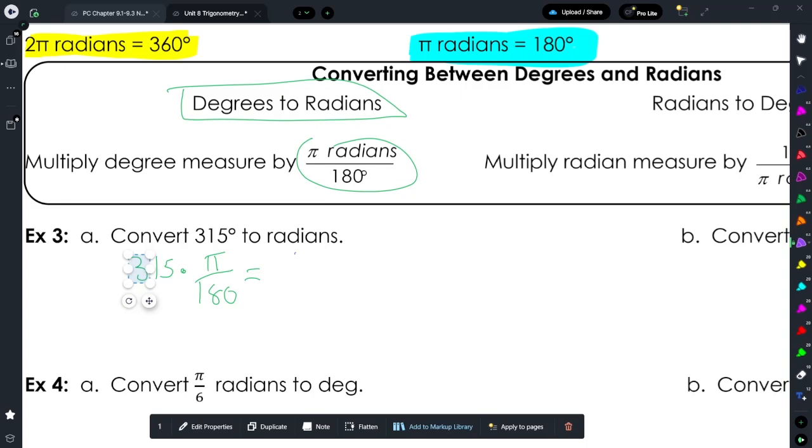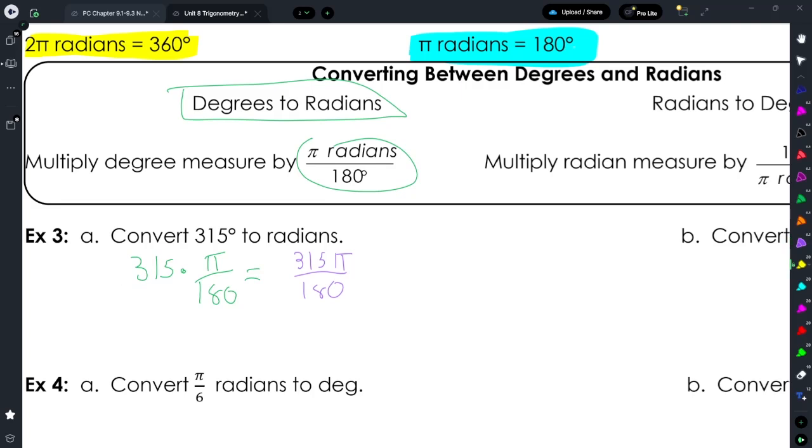So I'm just going to multiply straight across first, 315 pi over 180. And I'm going to leave pi there, but I'm going to simplify 315 over 180. And that is going to be 7 pi over 4. If we simplify the 315 over 180, that's 7 over 4.